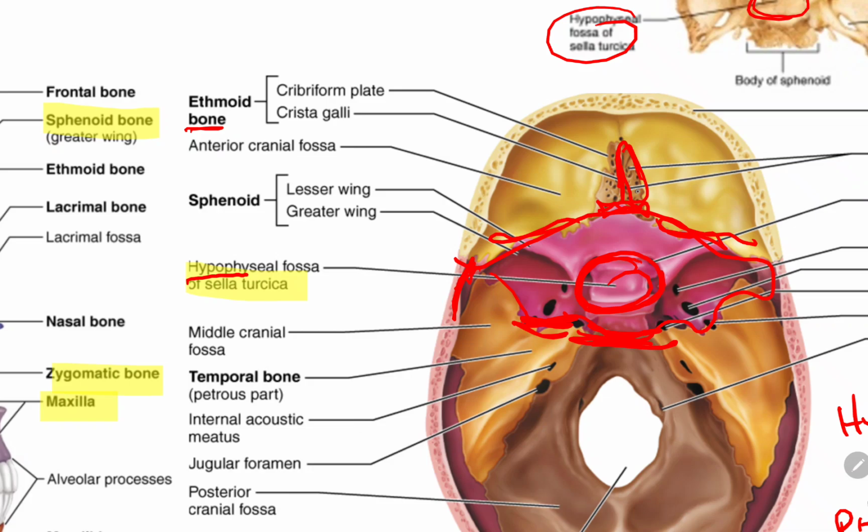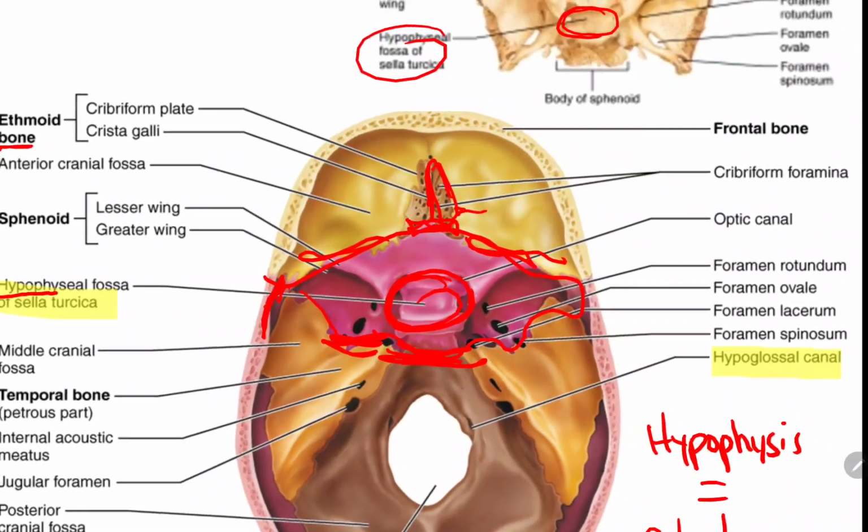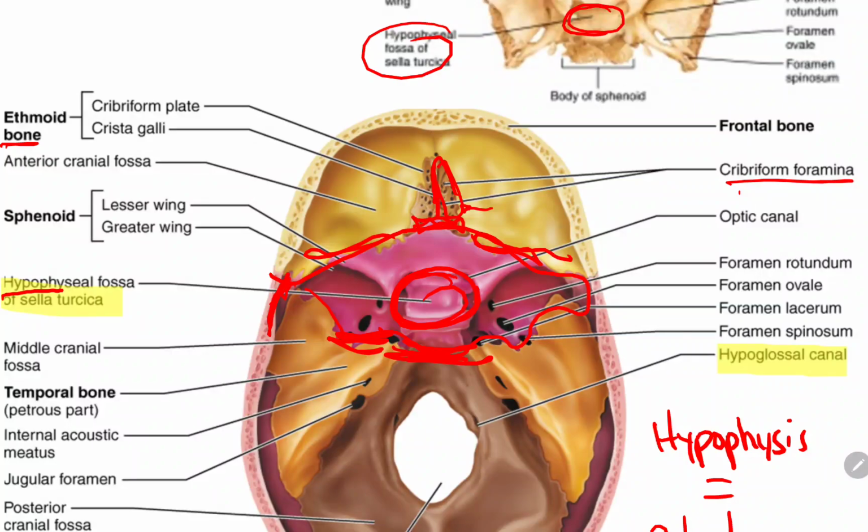It has these little holes, which are called cribriform foramina. A foramen is a round or oval passageway for blood vessels and or nerves to come through. So this ethmoid bone has that cribriform plate on it.